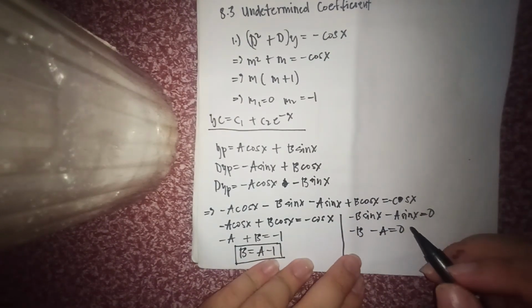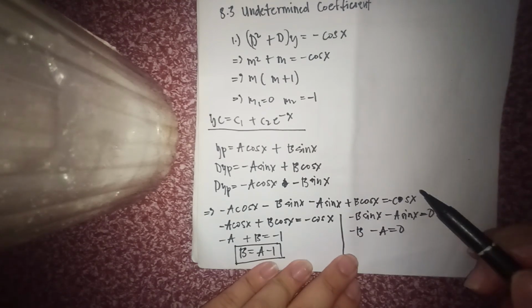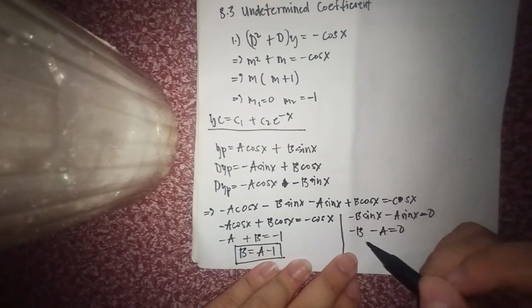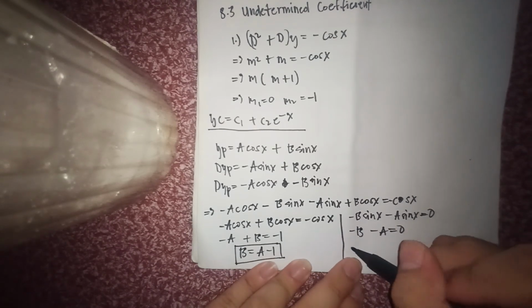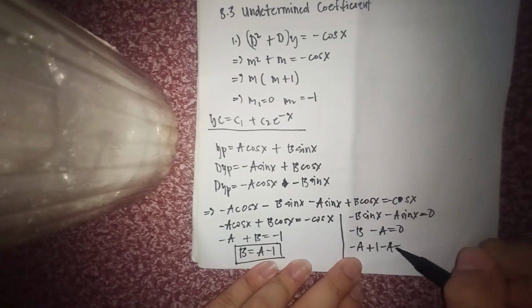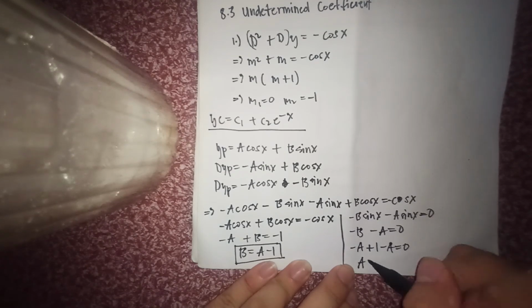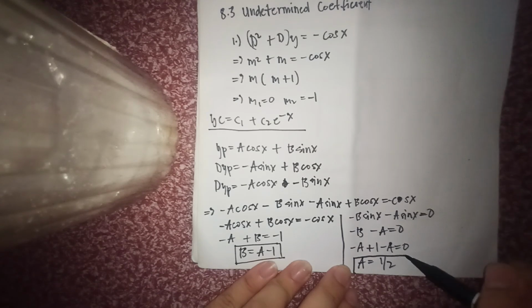And we have the value of our b here. So we have to substitute the value of our b, which is negative a, positive 1, negative a, 0. And the value of our a now is 1 half. So this is the value of our a.